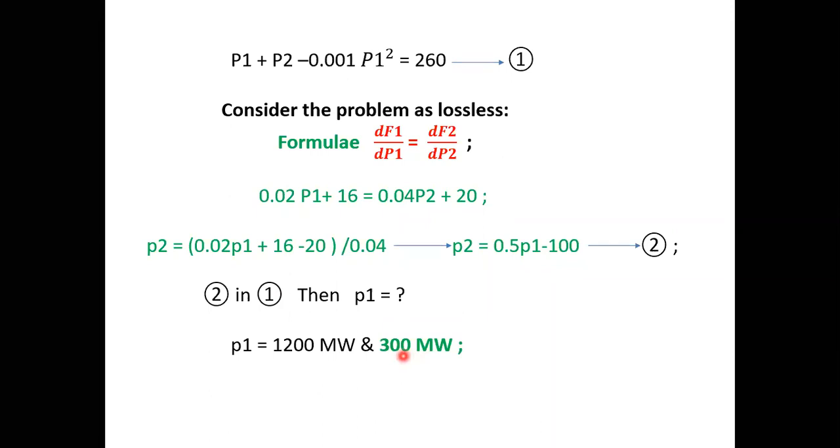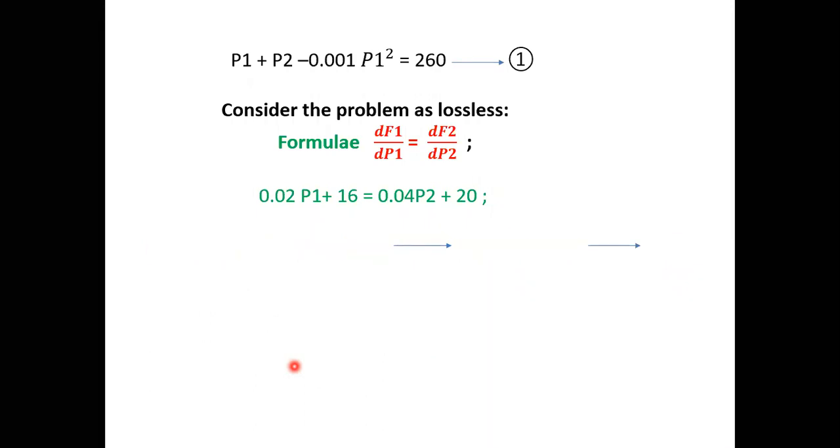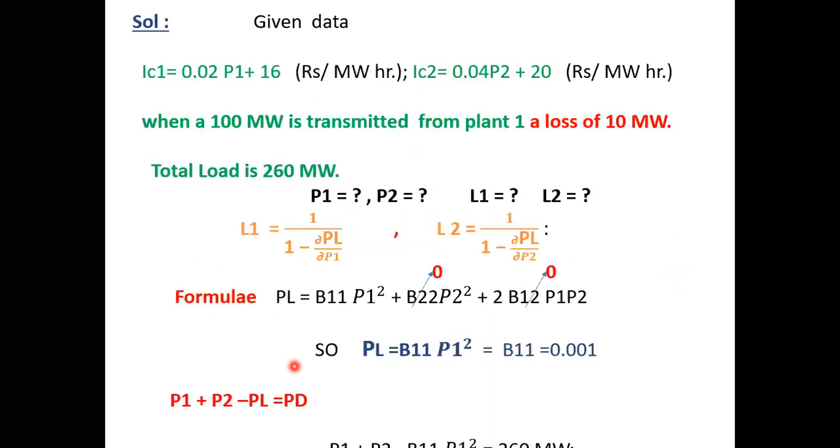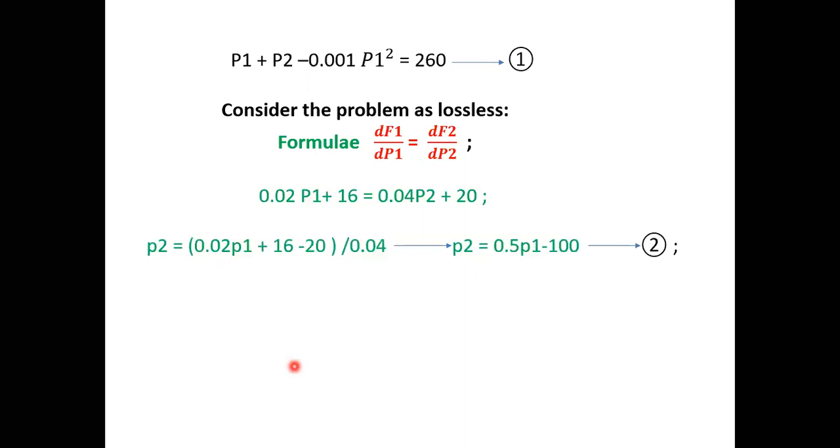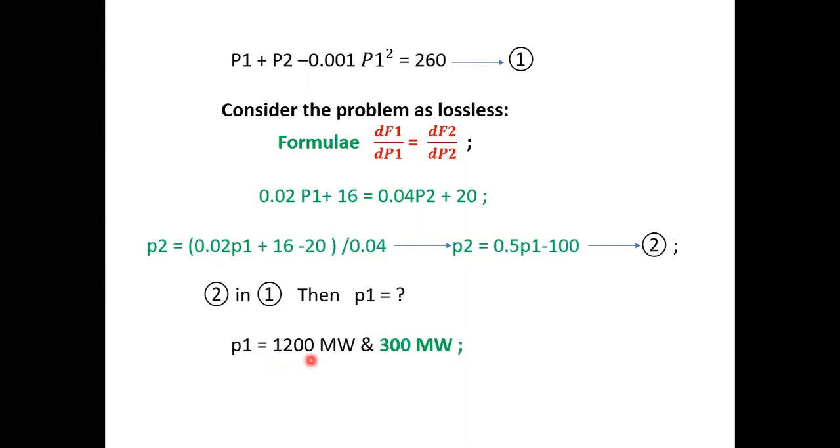The reason is we should not consider 1200 megawatt because the load in this problem is just 260 megawatt only. But still here we got P1 equal to 1200 megawatt and one more value for P1 is 300 megawatt.